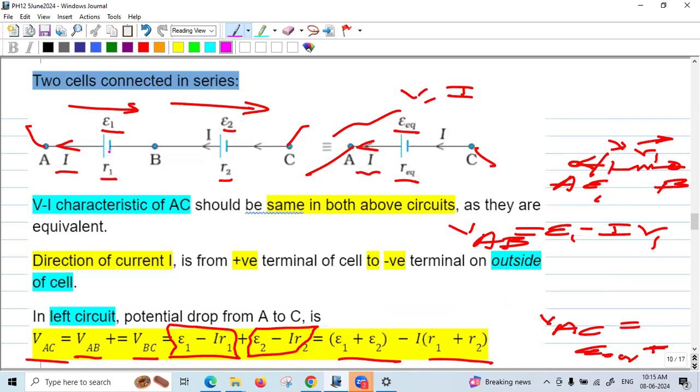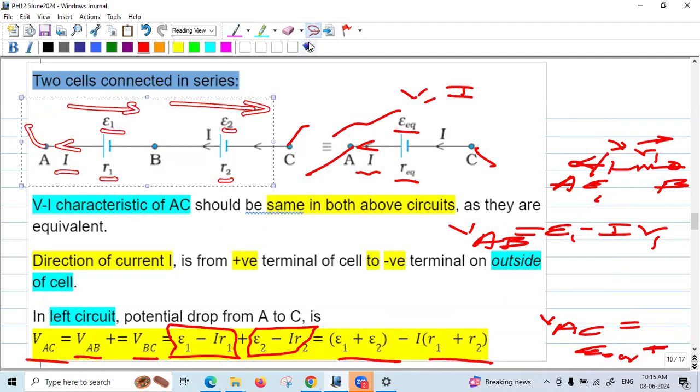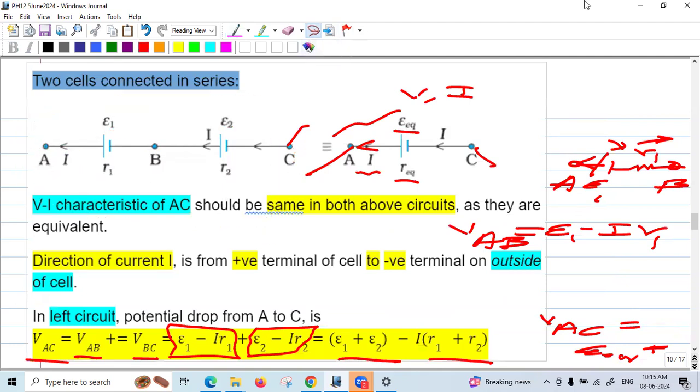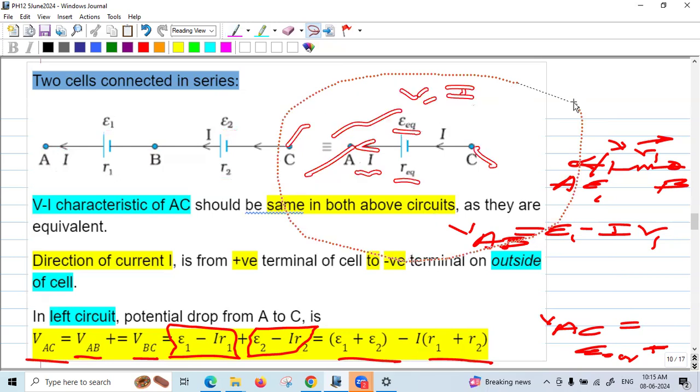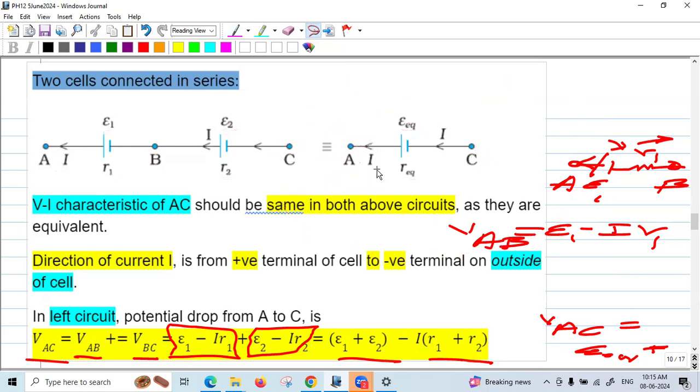Now I'm connecting two cells in series, like I can have two resistors in series and have a single equivalent resistance, right? Similarly, I can connect two cells in series and have an equivalent cell, which has a single EMF and a single internal resistance.